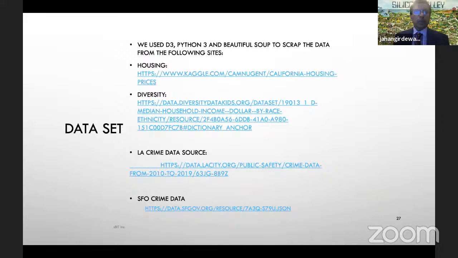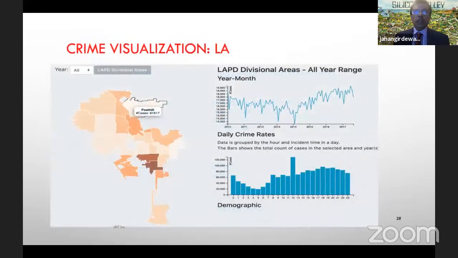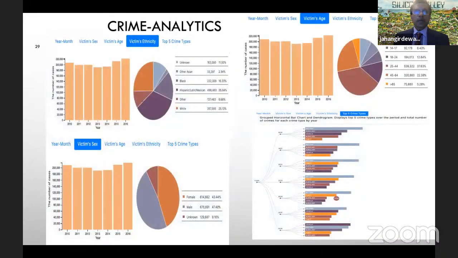Again, we used various data sets from online, especially crime data from the Department of Police, law enforcement. And here is some prediction about the various data, crime rates, and all those. An interesting slide here is that in Los Angeles, the crime rate, especially the Hispanic populations, are getting more crime victims.